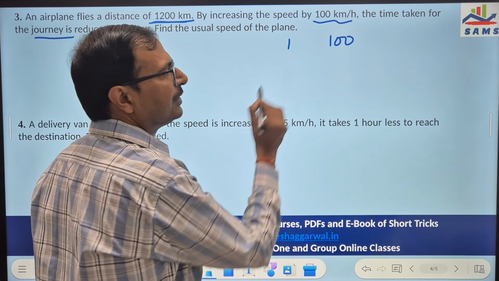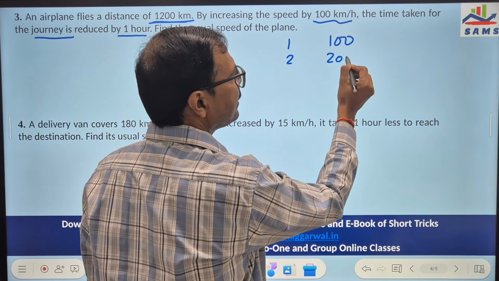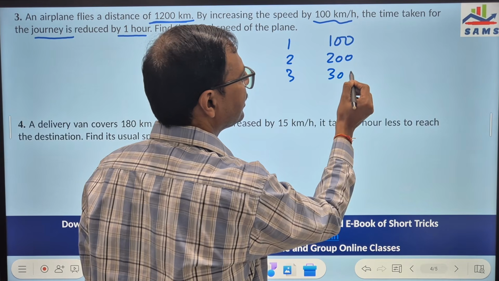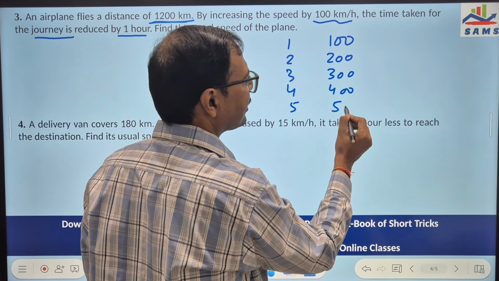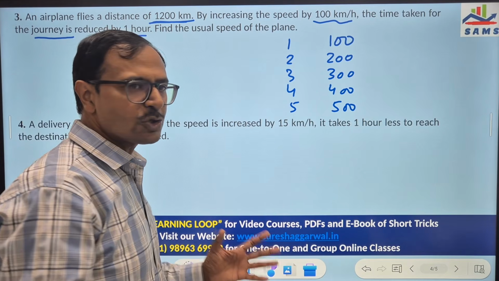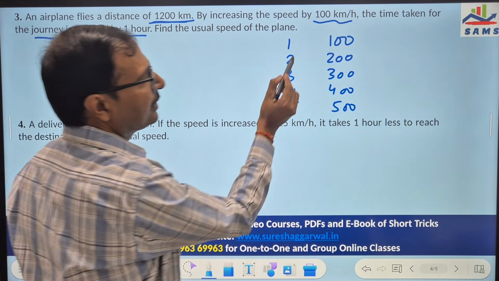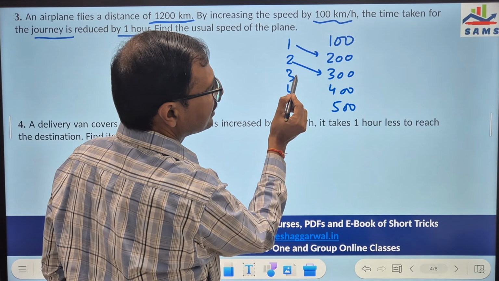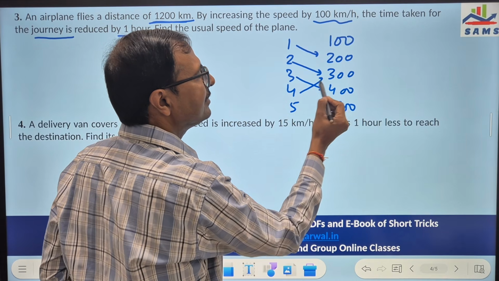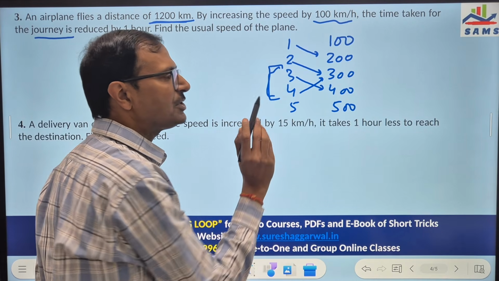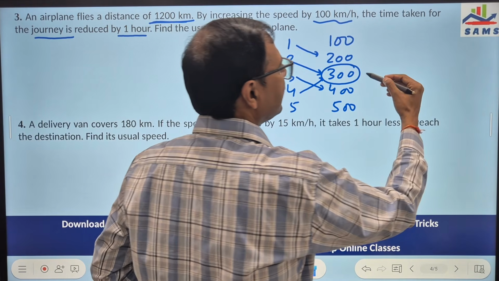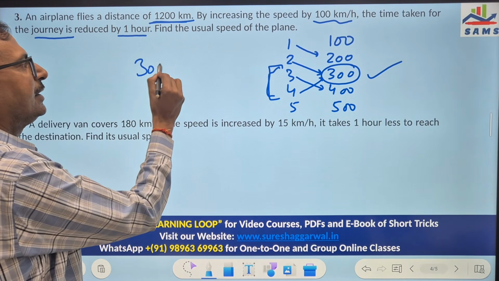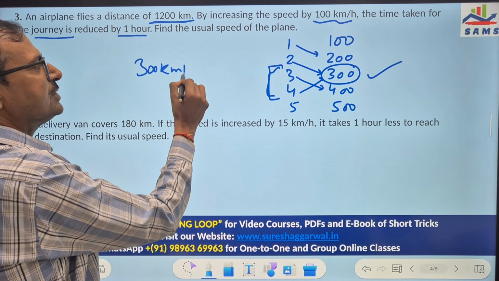So 1, so 2 means 200, 3 means 300, 4 means 400, 5 means 500, like this. Now the cross product should be equal to 1200. Here it is 200, 600, here we go, 1200. See, this is the pair which is giving me 1200 required distance, and so the smaller speed 300 km/h is the answer for the question.